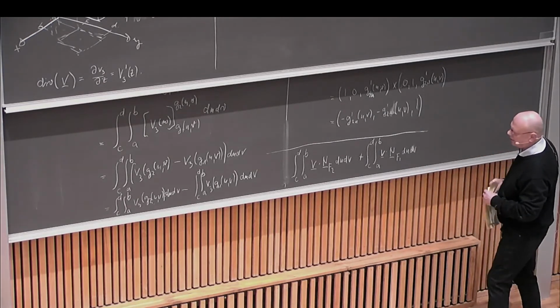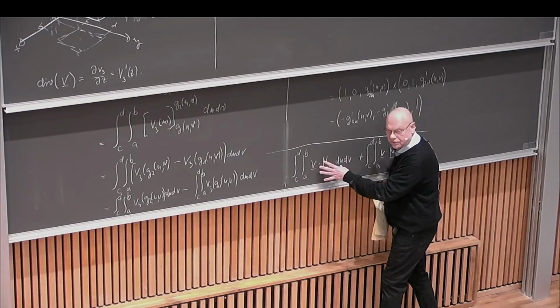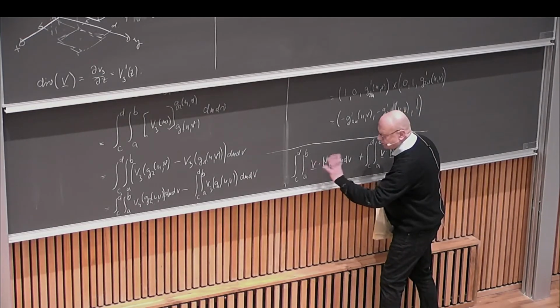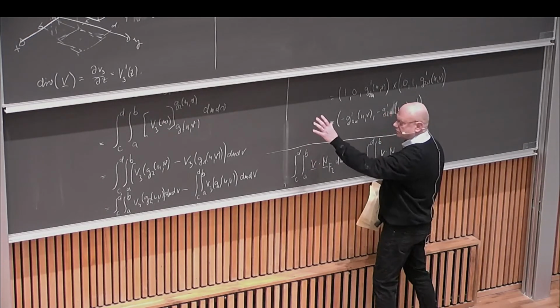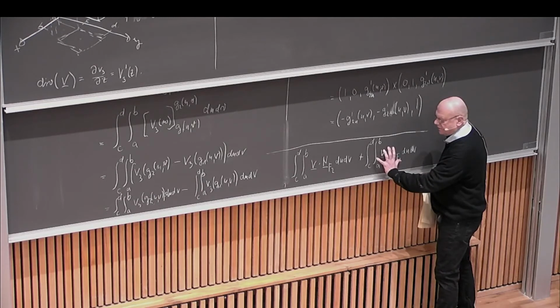So what you have now is that this is simply the flux of the vector field, by definition, outside the top surface, F2. This is the flux of the vector field out of the bottom surface.